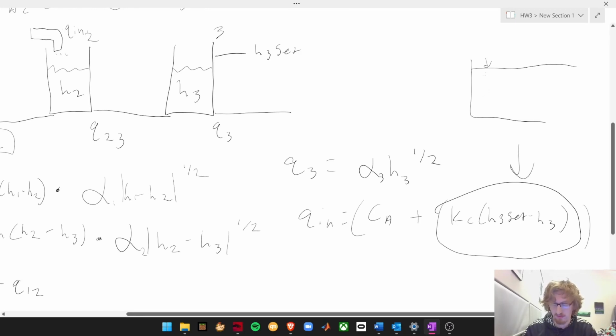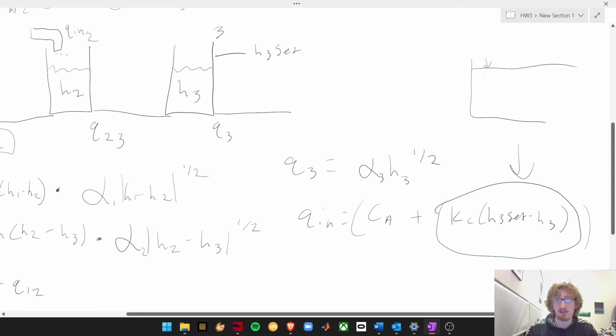So generally the goal is to find a proportionality constant that meets the needs that you have. So maybe you have some sort of system where you want to get to the set point as quickly as possible. So you'll set your proportionality constant really high, and you'll have it shoot straight up, and maybe you'll way overshoot it, and then it'll level out over time.